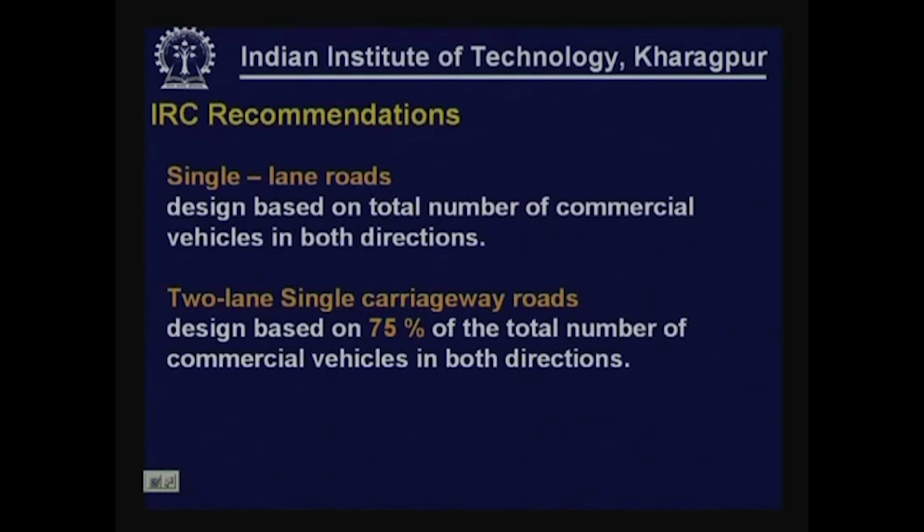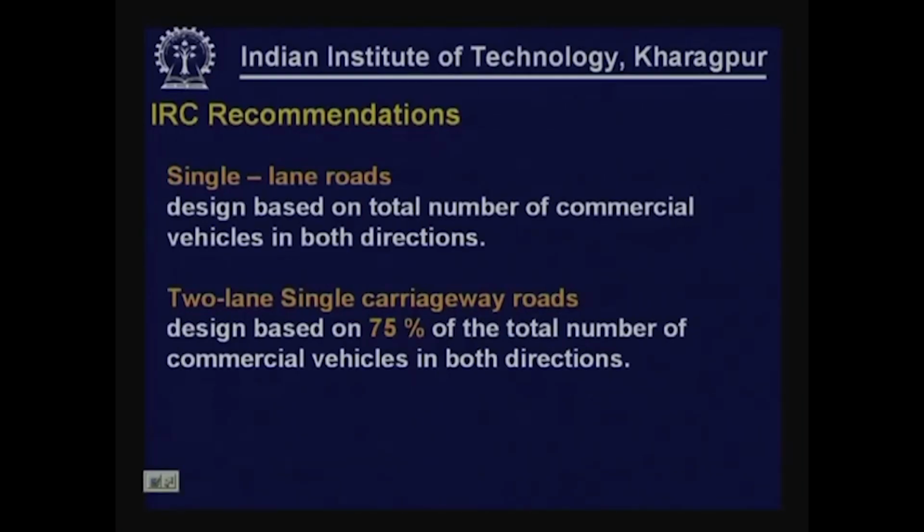Let us see the Indian Roads Congress recommendations for the percentage of traffic that is to be considered, taking into consideration the lateral placement characteristics of different types of vehicles on different types of facilities. If you consider single lane roads, the design is based on the total number of commercial vehicles in both the directions, because single lane roads do not really have enough space for the wheels to be placed at different locations.